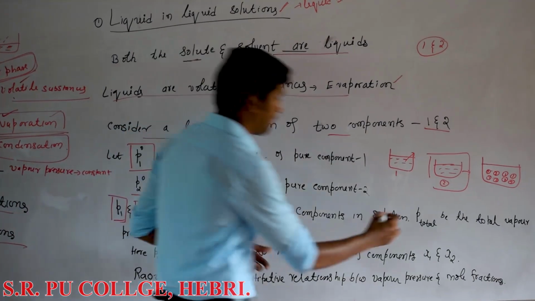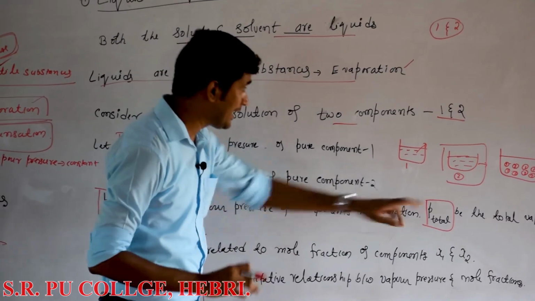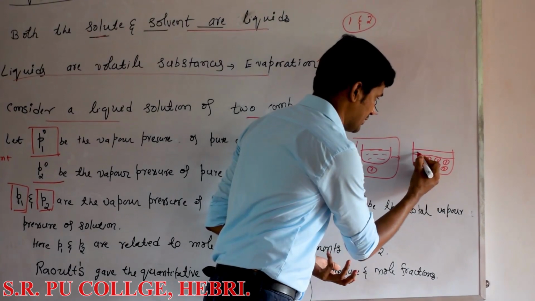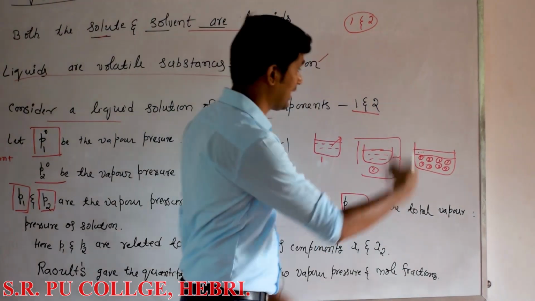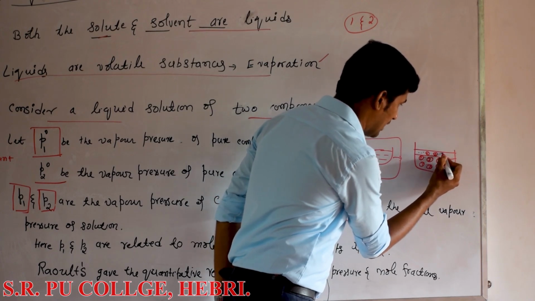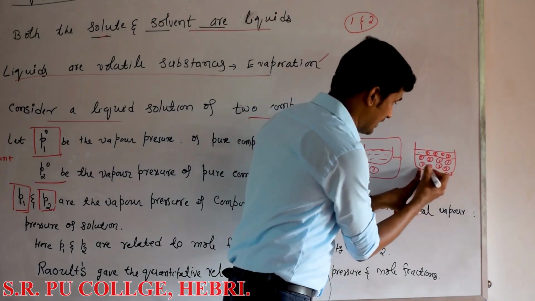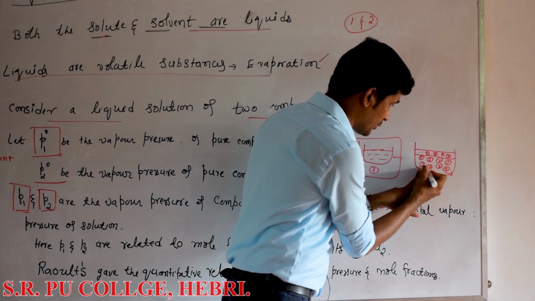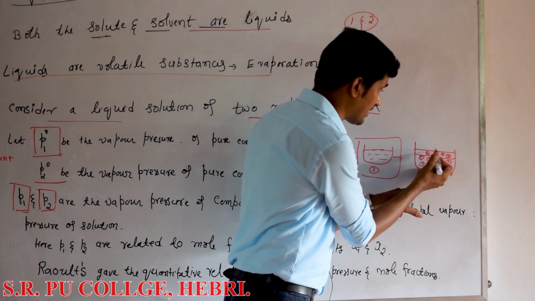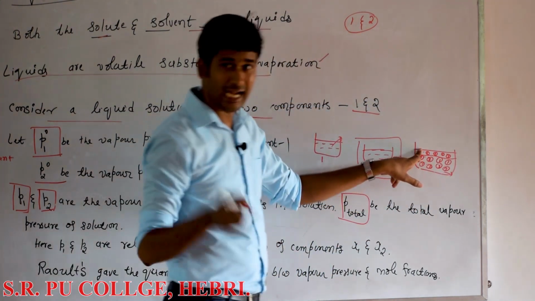Next, P total is the total vapor pressure of the solution. P total is because of both the components present in the solution. In the liquid state we can see component 1 and component 2, and in the vapor phase we can also find component 1 and component 2.